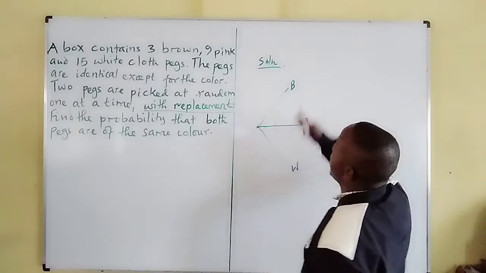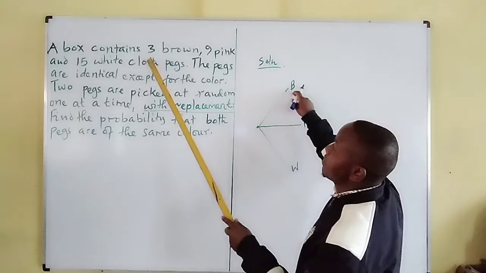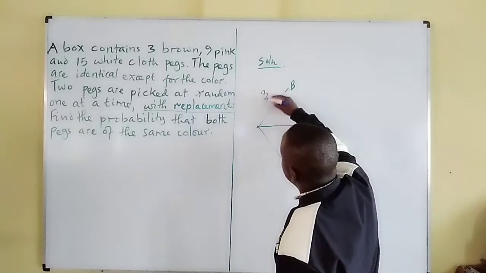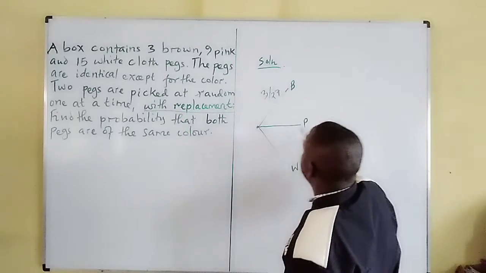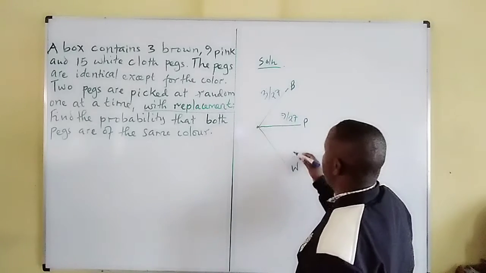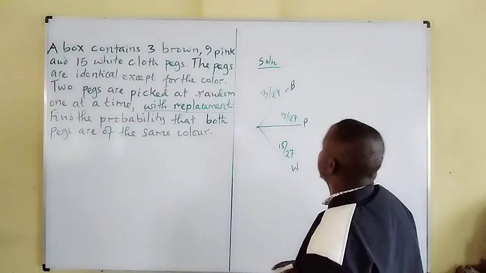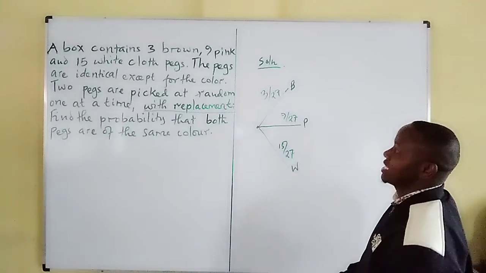The probability of picking a brown one is 3 out of 27, picking pink is 9 out of 27, and picking white is 15 out of 27. So those are the probabilities in the first picking.